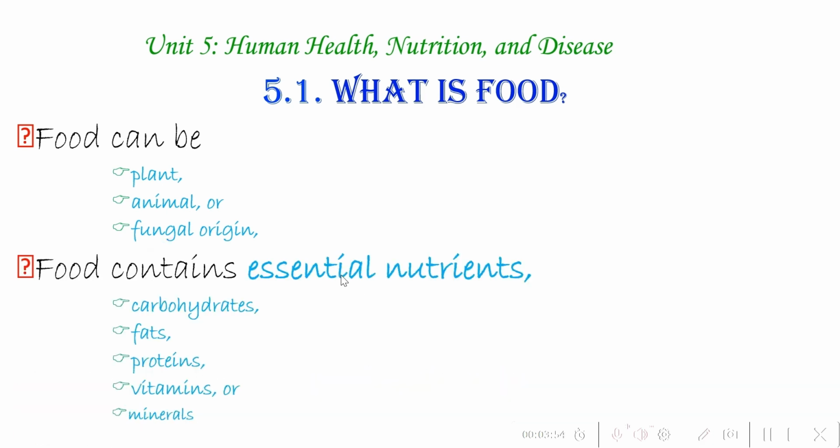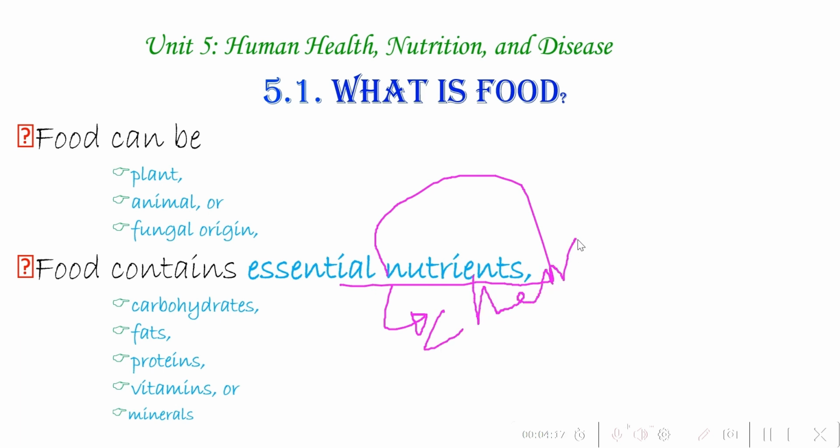The other point, food contains essential chemical substances called nutrients. So what nutrients can a food contain? These nutrients are chemical substances found in a food.